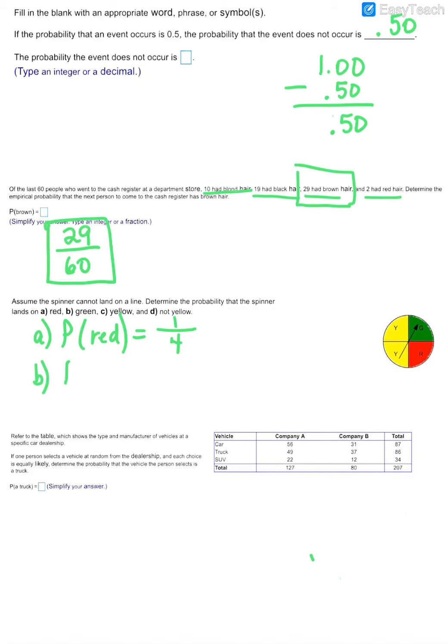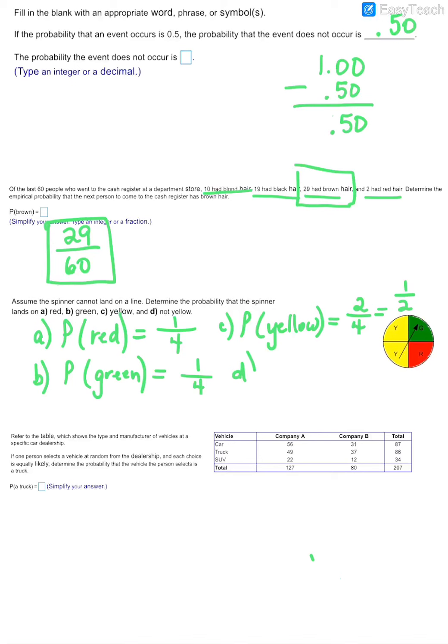When we are asked the probability of getting a green, once again, there is only one section out of the 4 equal-sized parts. When we're asked about the probability of a yellow, even though yellow is only one color, it has 2 of the sections out of the 4 equal-sized parts. If you can reduce, always reduce a fraction, so that becomes a half.